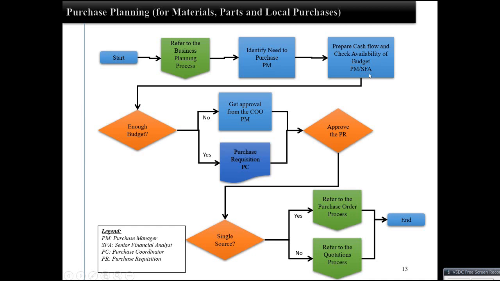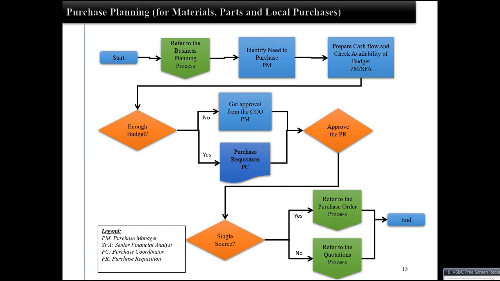If the budget is enough, then the purchase requisition is made by the PC, the purchase coordinator, who will write the document that we are going to purchase. But if the budget is not available, then get approval from the chief operating officer: sir, we need to purchase these things for the factory, so please approve this budget. But if the budget is already available, then it is okay.